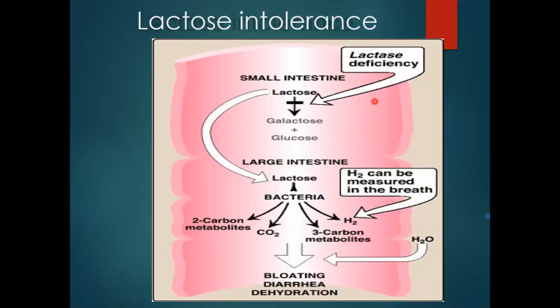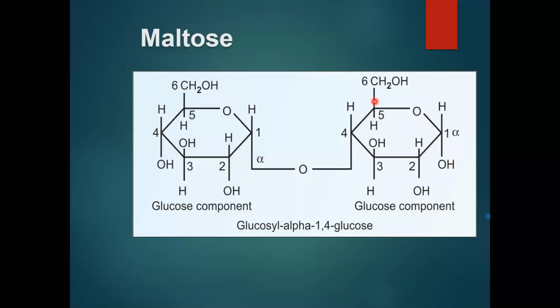Due to the absence of the lactase enzyme, when milk enters the intestine, the bacteria, which are the normal flora of the gut, act upon the lactose and ferment it, thereby forming a large amount of acids and also gas. This leads to flatulence and bloating, and in certain cases diarrhea.